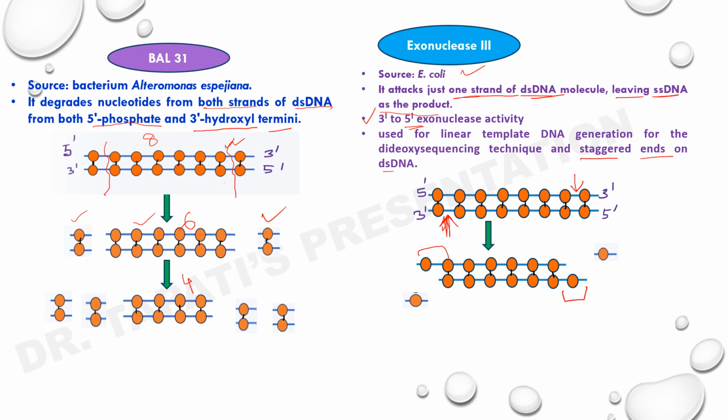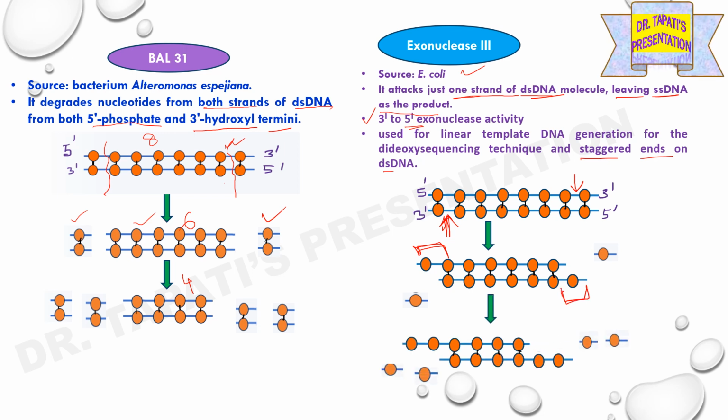Therefore, you are getting this type of overhanging at the 5' end of this DNA. In the next step, again, you can find out that single nucleotide degradation is happening and the cohesive end or staggered end length is increased.